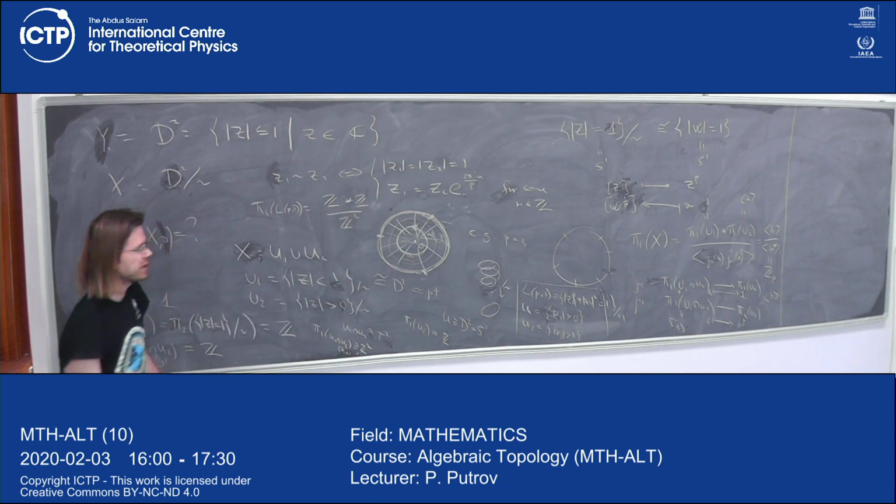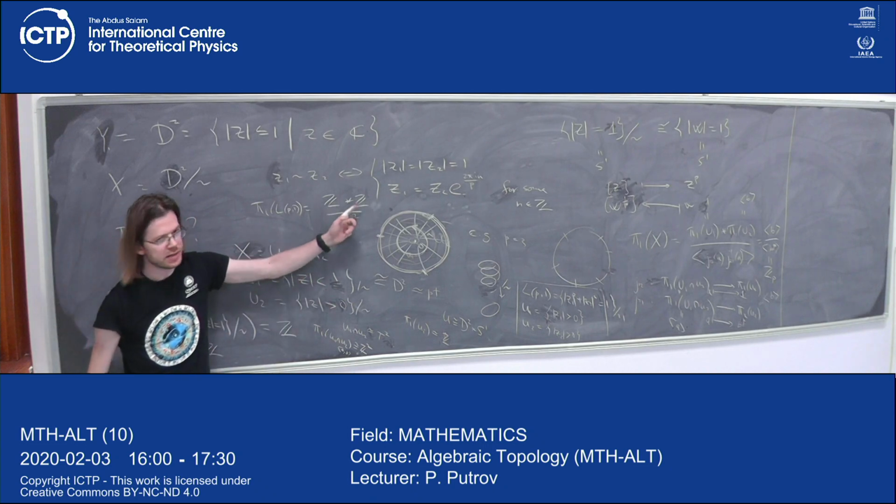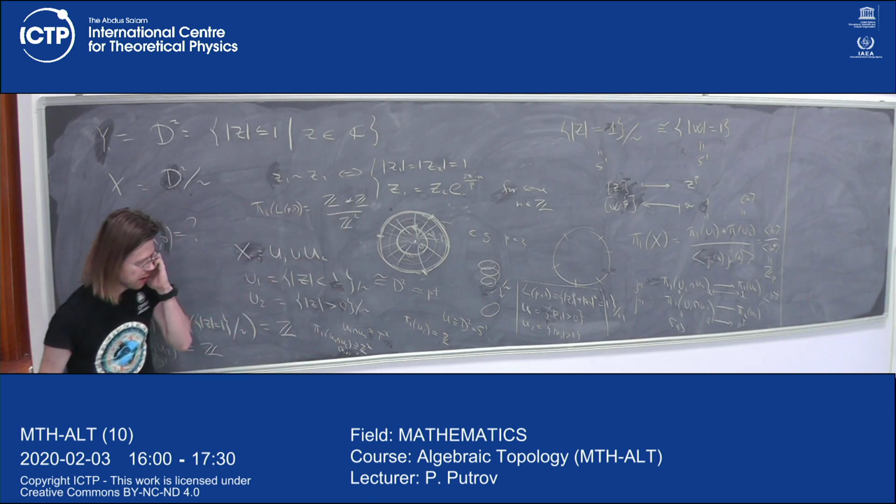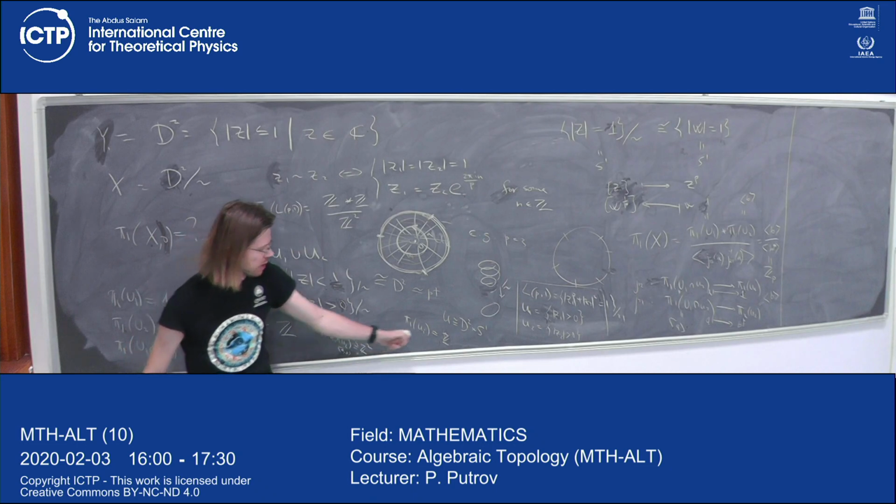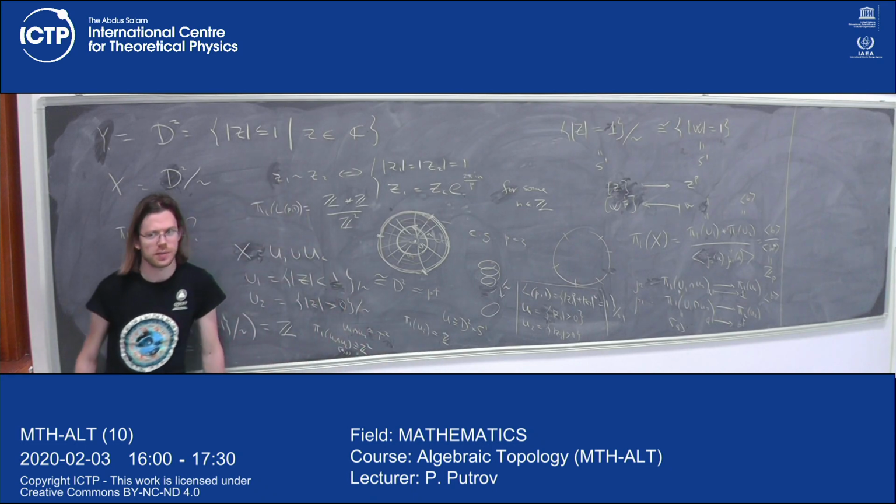But how exactly this Z squared subgroup is embedded here, you have to determine. It's determined by these inclusion maps, which requires some work.